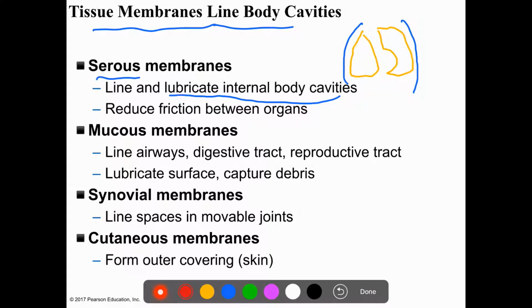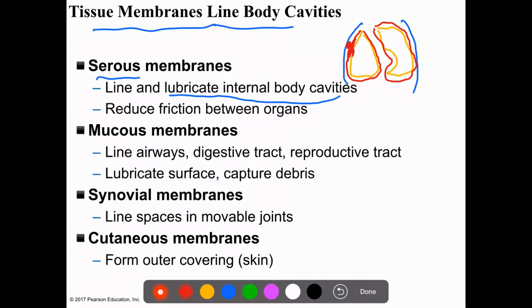These lungs are surrounded by another membrane that protects them, because when they are moving, they are not going to rub against the bones of the thoracic cage, otherwise they would be worn out.